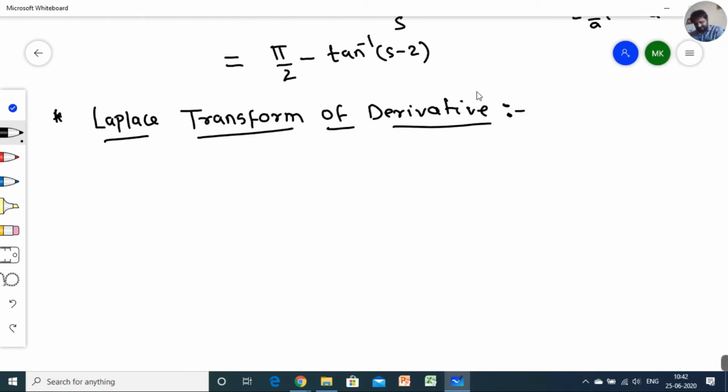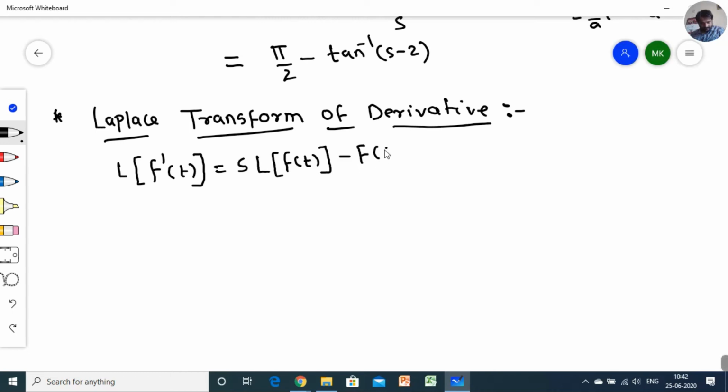It is a very simple topic. We have to just calculate or remember this formula: Laplace of f dash of t is equal to s into Laplace of f of t minus f of 0.